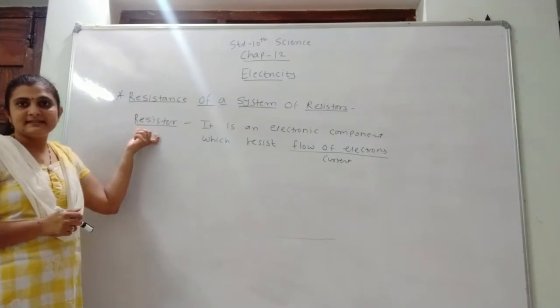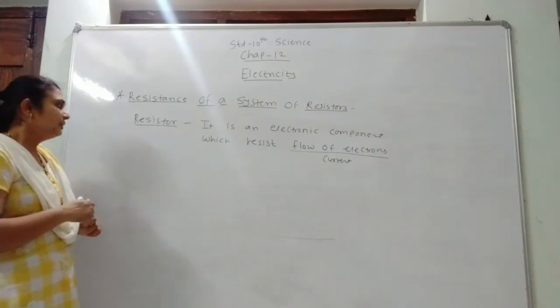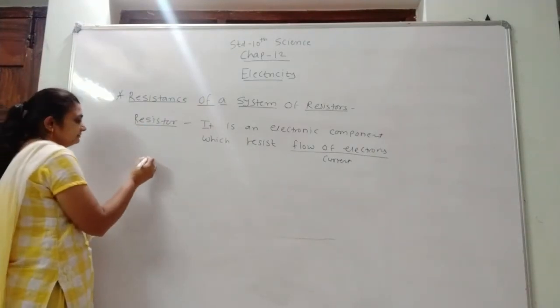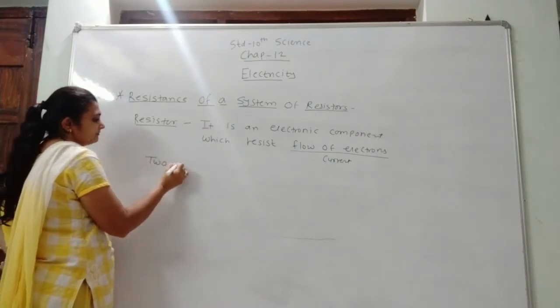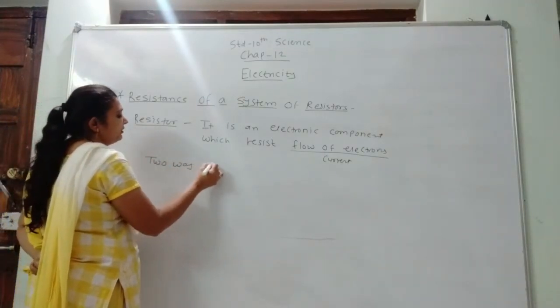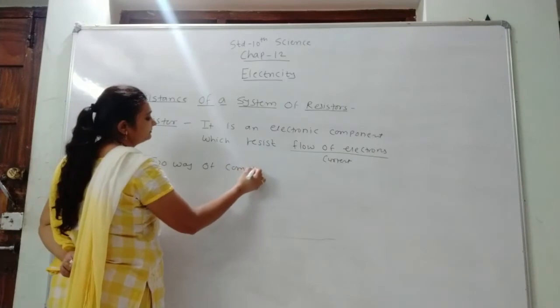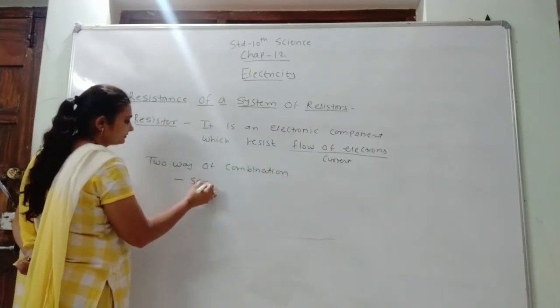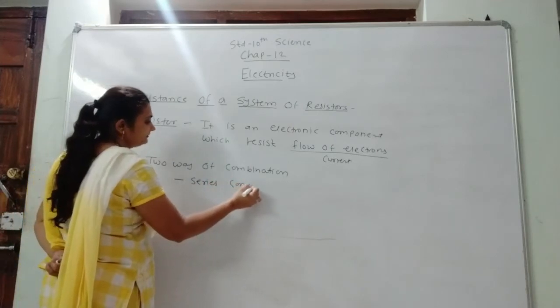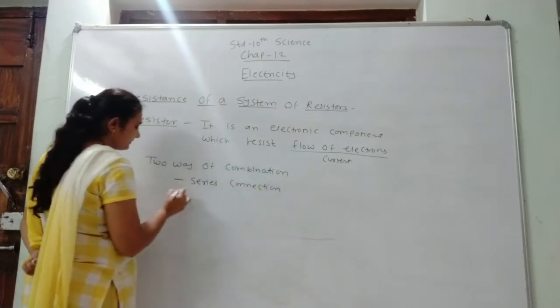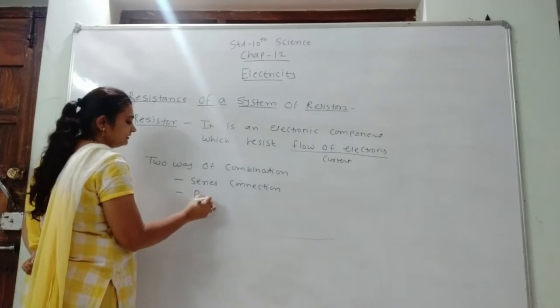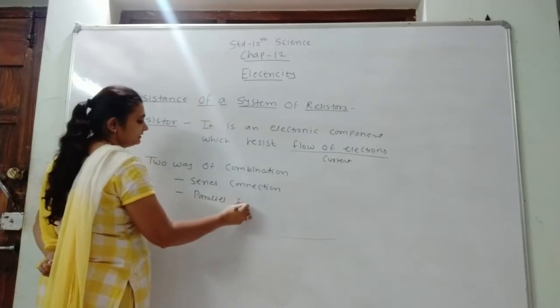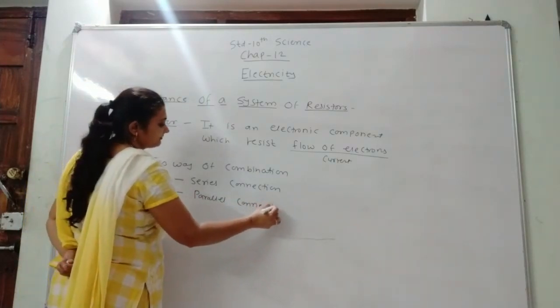Now these resistors are combined in two ways. Two ways of combination: first, series connection, and the other is parallel connection.